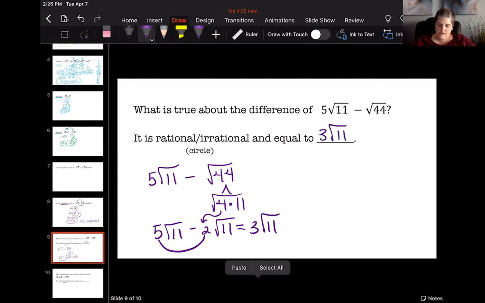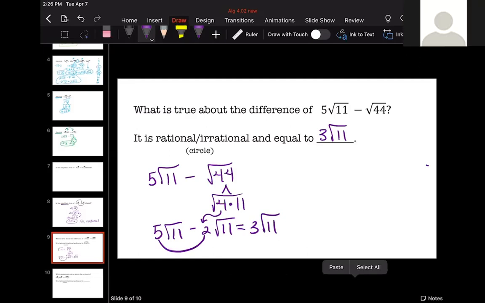But it says, is this rational or irrational? So which one do you guys think? Is it rational or irrational? I think it's irrational.